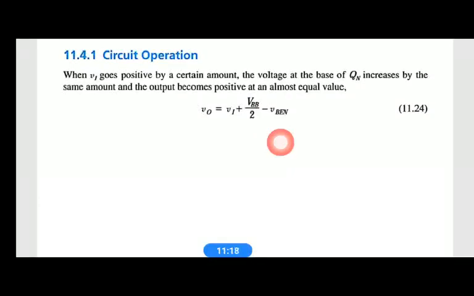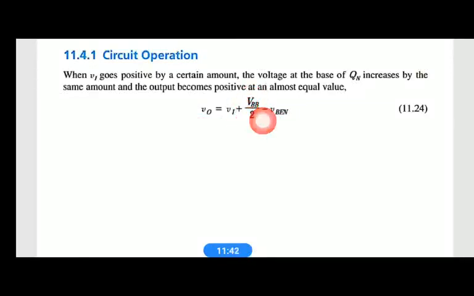If you rearrange this KVL equation, clearly you can see that VBE n is usually approximately 0.7 volt, which is very small, so if you neglect this, we can say that the output voltage is almost the same as Vi.